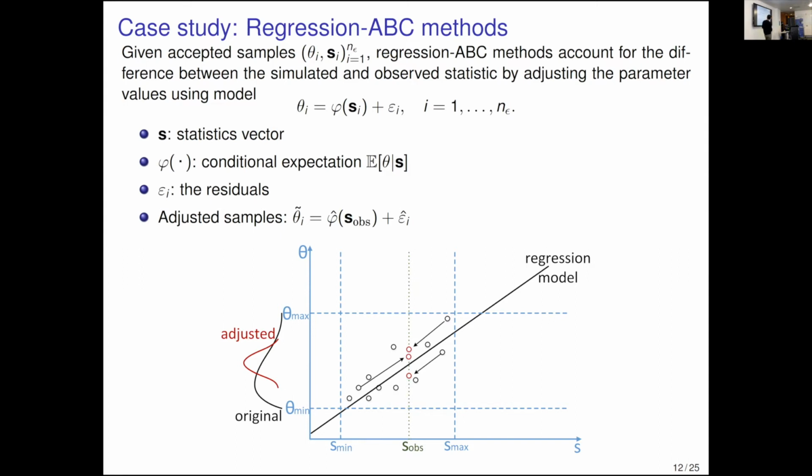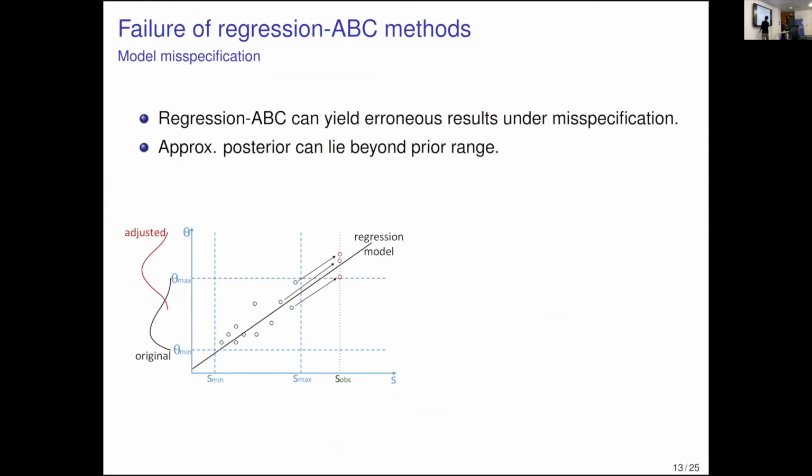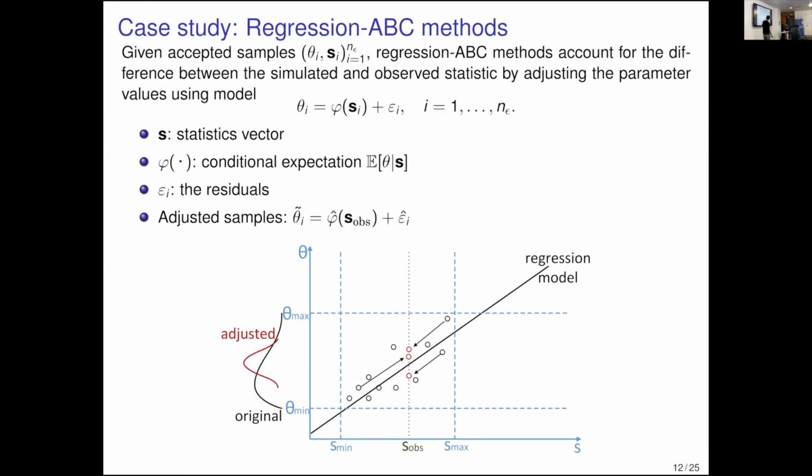So what is happening here is, graphically, let's say you have only one statistic and you have only one parameter. And this is, let's say, the prior range that you sampled in. Okay. And this is, let's say, the range of statistics that those parameters generated. Okay. So these are, let's say, some of the points here.